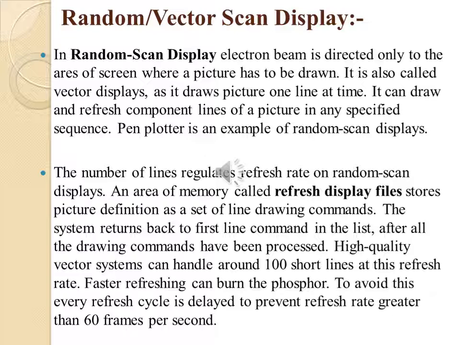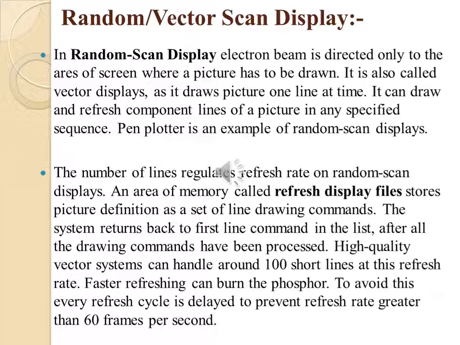It can draw and refresh component lines of a picture in any specified sequence. Pen plotter is an example of random scan display. It is also known as the stroke writing display or calligraphic display.